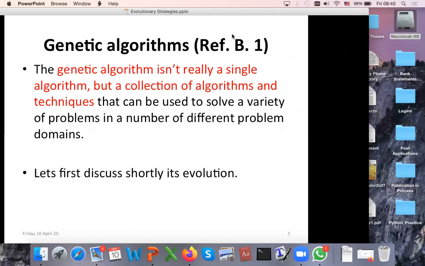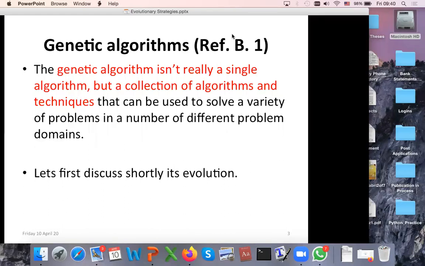For example, you have to create some kind of population, then calculate a fitness computation function, then do the selection, and finally recombine. So these are only 3 or 4 concepts and sub-algorithms that are gathered in one form, and that is called genetic algorithm.